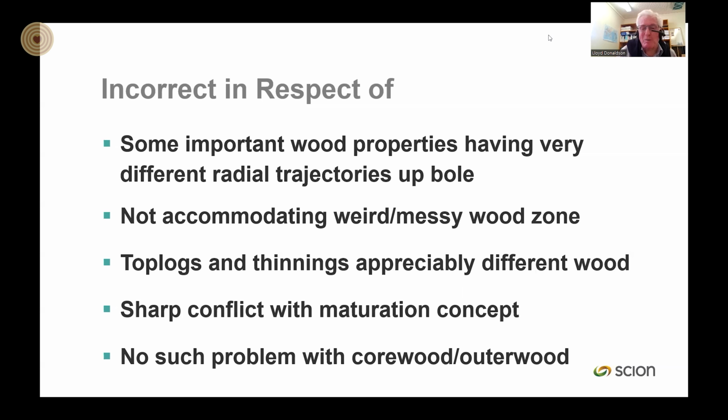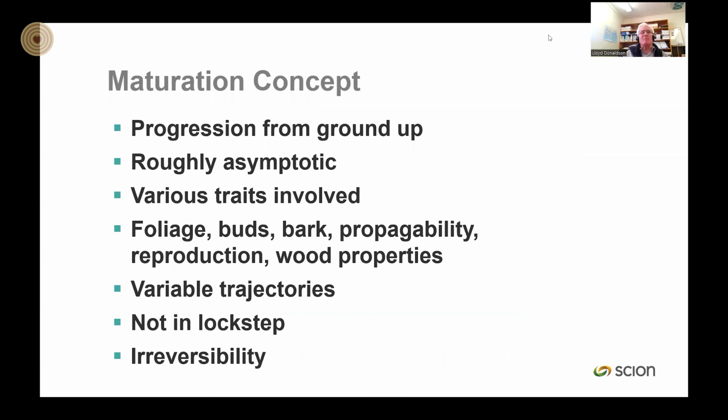No such problem arises with maturation, which represents a progression from the ground up as the tree gets taller and larger. It behaves roughly asymptotically, with a final maturation state of full maturity well up the tree.